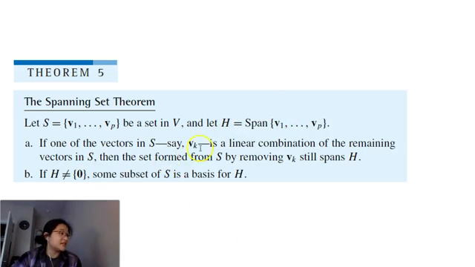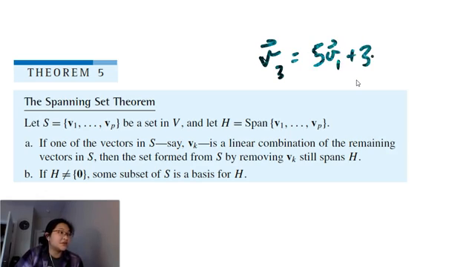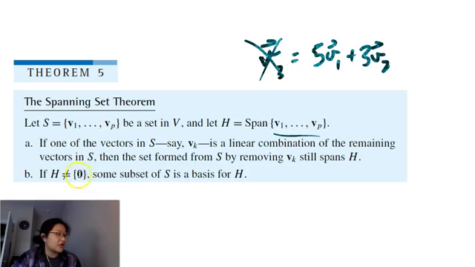If one of our vectors in S, say V sub k, is a linear combination of the remaining vectors in S, then the set formed from S by removing V sub k still spans H. So that was like our V3 was 5v1 plus 3v2, and so we can just take out V3 and still span our set H. And if H is not equal to the set of our zero vector, then some subset of S is a basis for H. So, like we were looking at before, where V1 and V2 were a basis for H. There we go, the spanning set theorem.